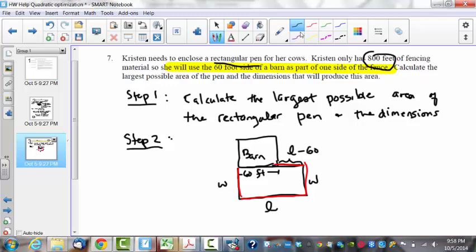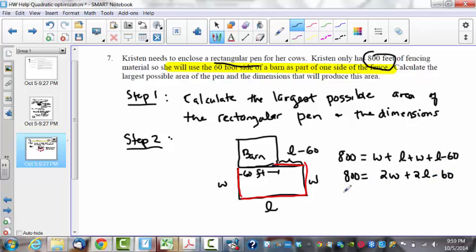Okay, so hopefully you saw that we know that 800 is going to equal the width plus the length plus the width plus the length minus 60. Let's go ahead and simplify. We have 800 is equal to 2W plus 2L minus 60.